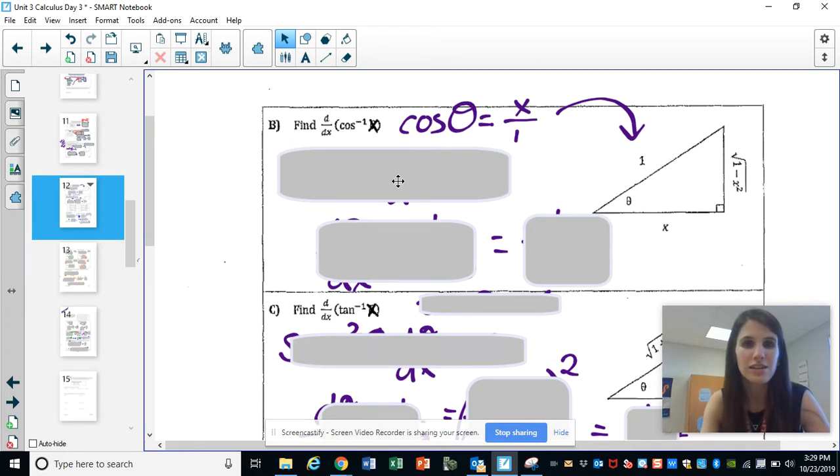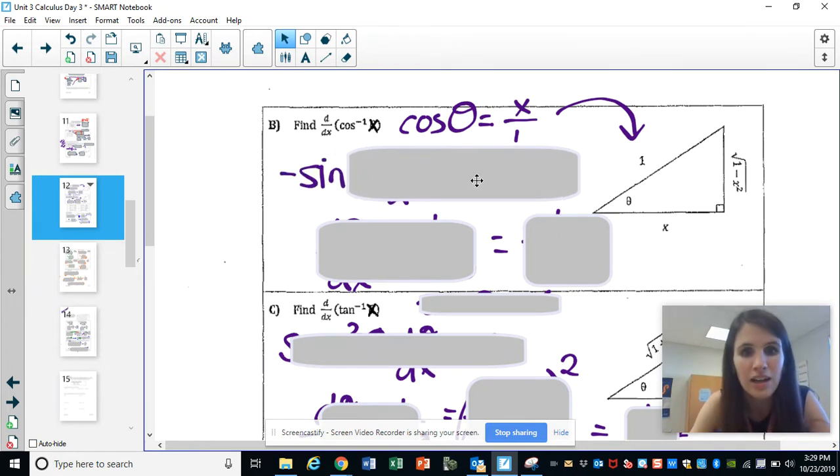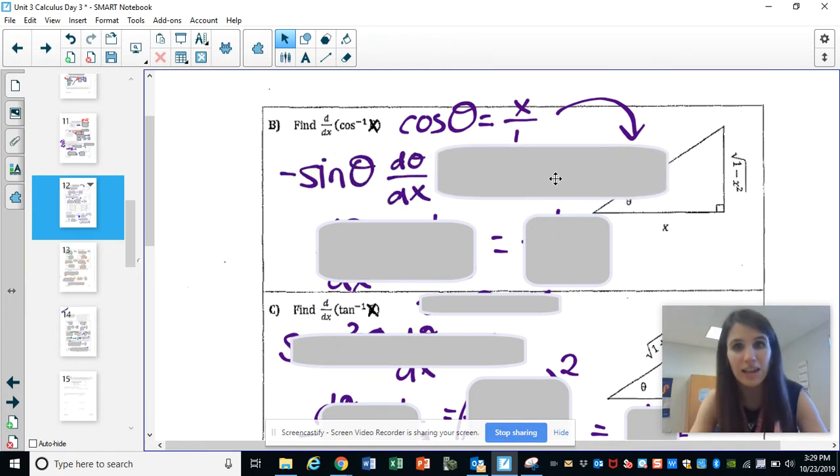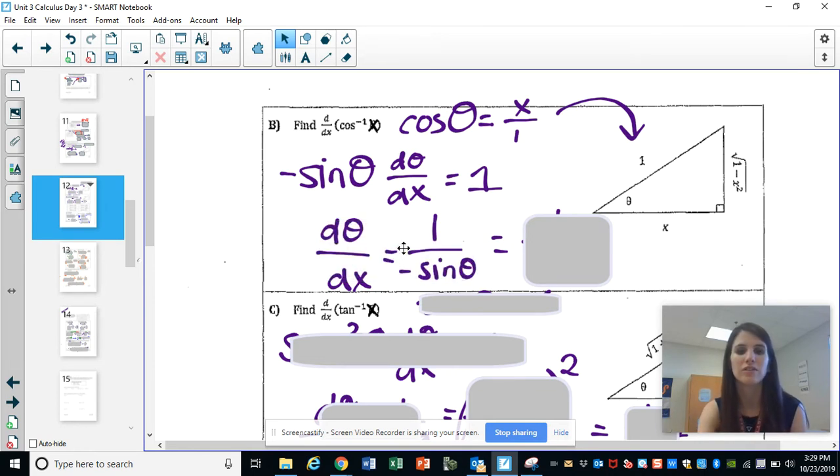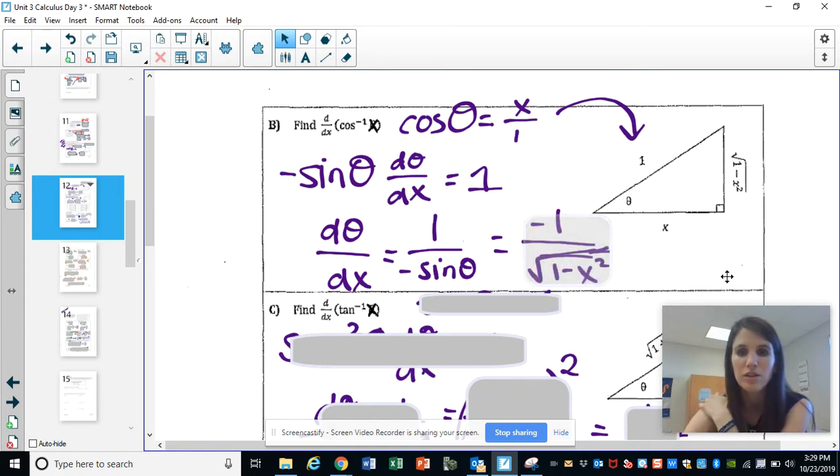The derivative of cosine is negative sine of theta, d theta dx, because it's implicit differentiation. The derivative of x is 1. We're solving for d theta dx, so we divide by negative sine theta on both sides. And what is negative sine theta? It's negative square root of 1 minus x squared over 1. So negative 1 over square root of 1 minus x squared.